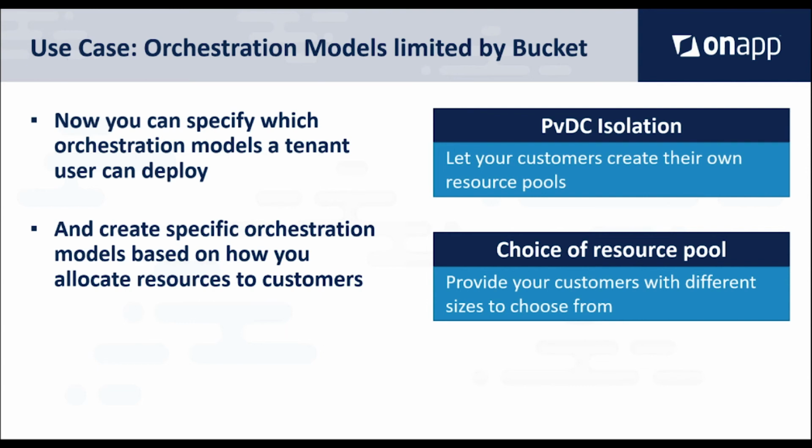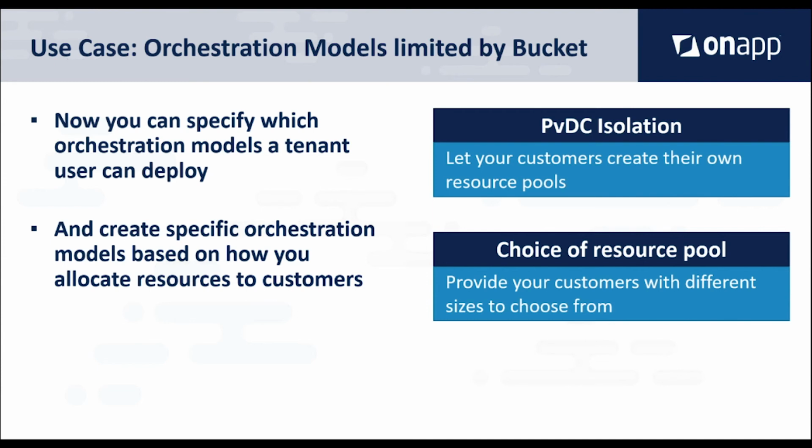One of the main ones is being able to limit orchestration models by the bucket. First, for a brief description of orchestration models: similar to VDC templates in vCloud, orchestration models are created within OnApp and provide a lot more flexibility and customization. You are now able to limit what orchestration models a user can deploy.